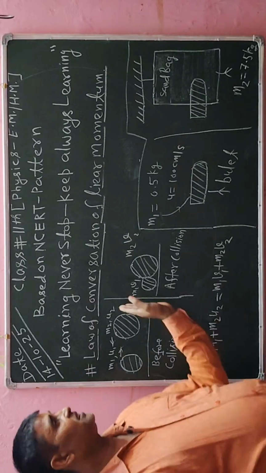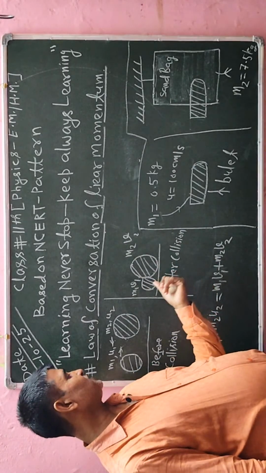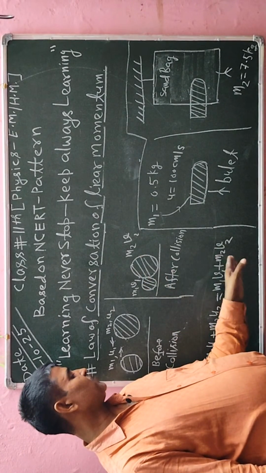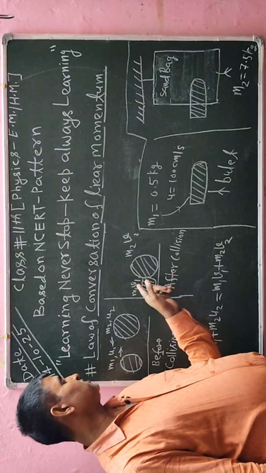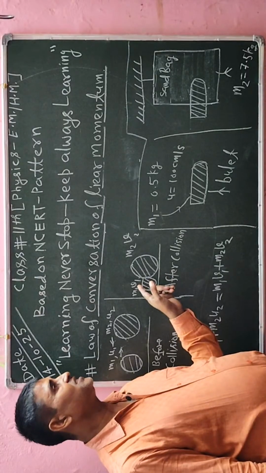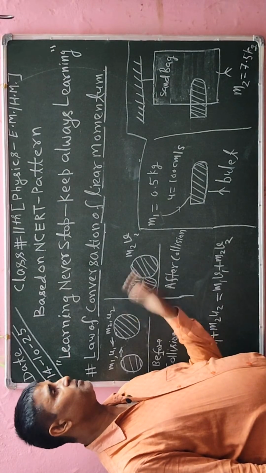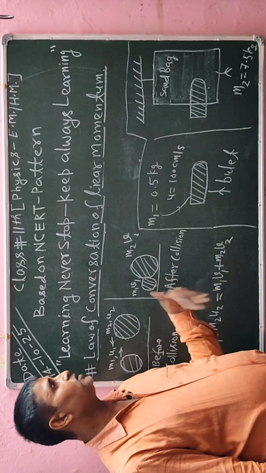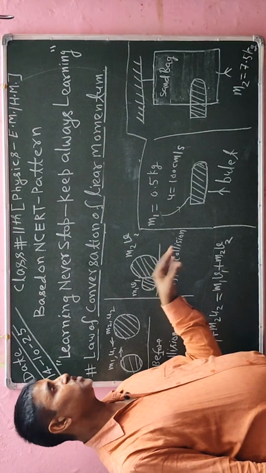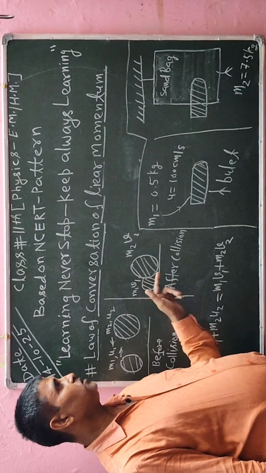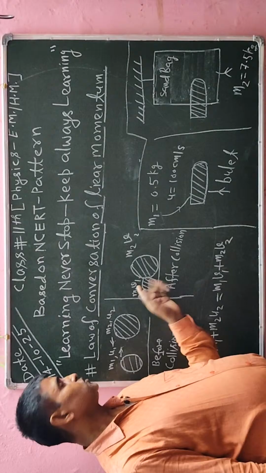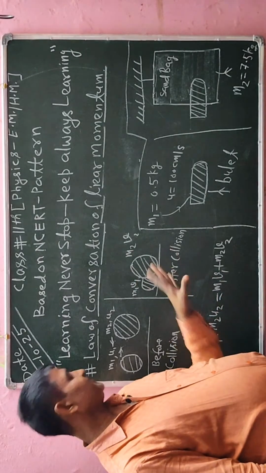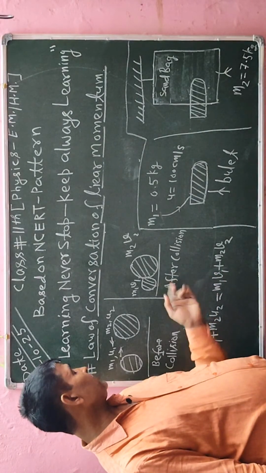Now in the second figure, I will also calculate the momentum of the first object and the second object, because after collision each and every object will change its velocity. Velocity can be maximum, can be minimum, or can be zero according to the situation.